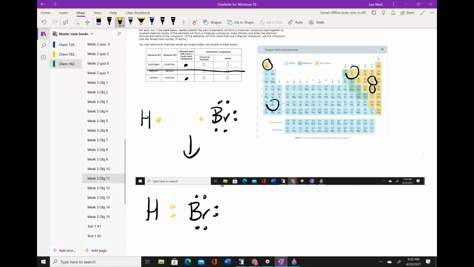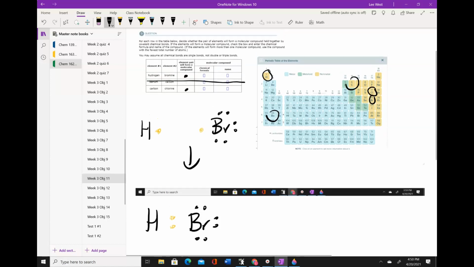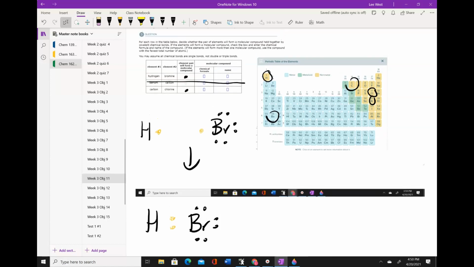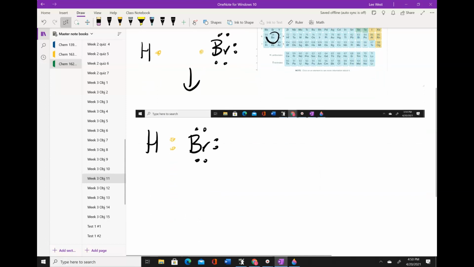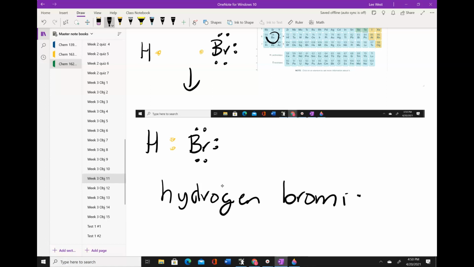You see what's going to happen there? So the formula of the compound that we would predict would be formed by these guys would be HBr. Now, HBr, what are we going to call it? We're going to call it hydrogen bromide. There we go, hydrogen bromide.